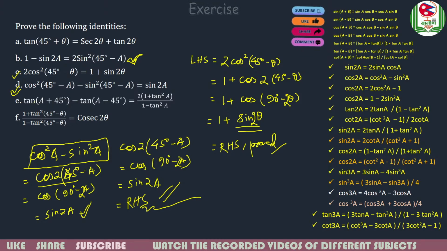Okay, how will you prove this? Tan (a plus 45 degree) minus tan (a minus 45 degree) is equal to 2 into (1 plus tan square a) upon (1 minus tan square a). How will you prove? Do you have any idea?